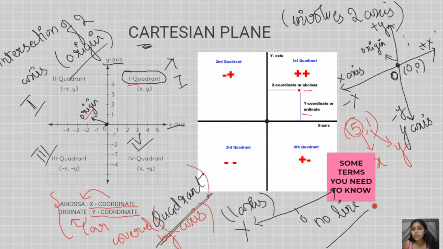So in this case 5 is the abscissa and 1 is the ordinate. This is what you have to understand. This is a very basic thing in a pair, where the first one is called the x coordinate or abscissa and the second one is called the y coordinate or ordinate.